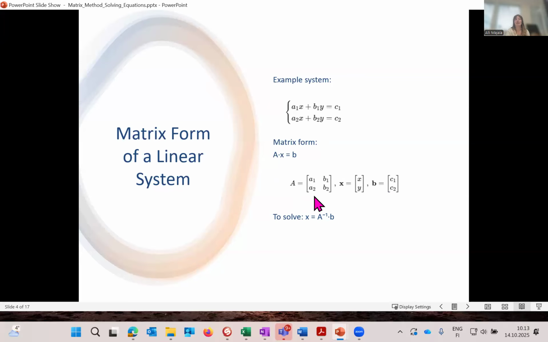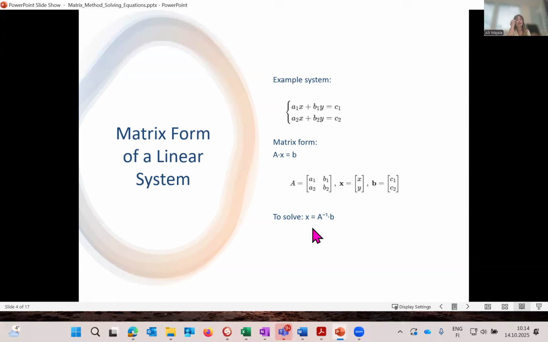So you would have matrix A with those numbers, and then you would have this matrix X. You can also write it like this, and this would just mean that the first equation was multiplied with this the X and with this the Y, and then here would be the answers.